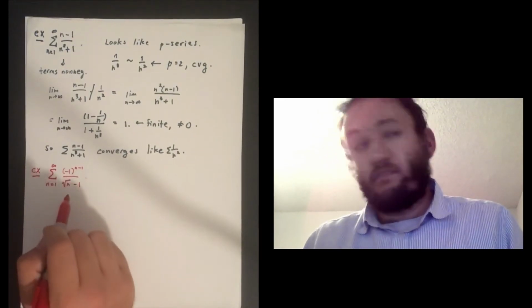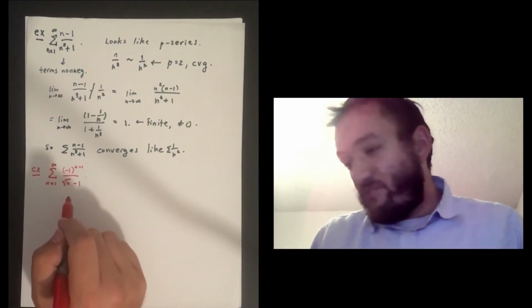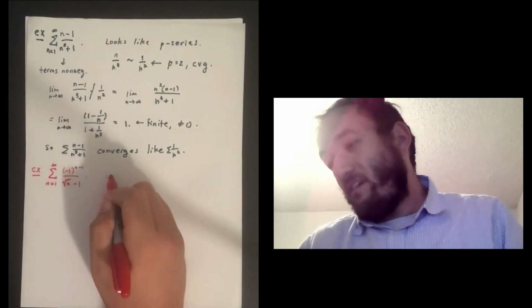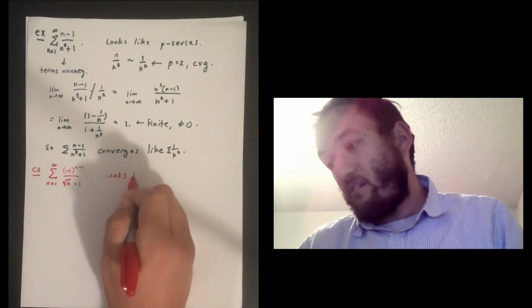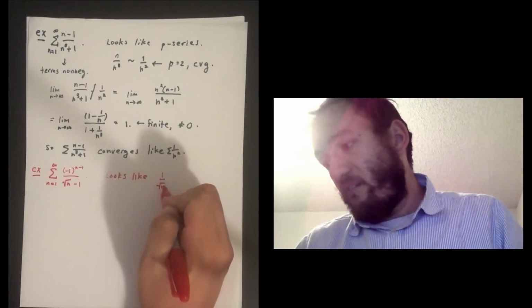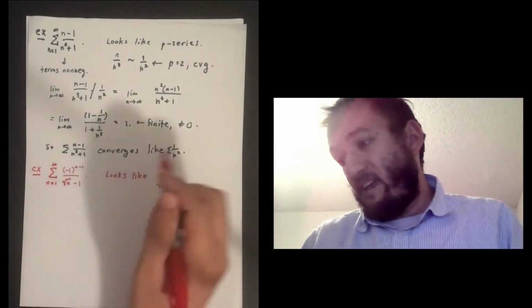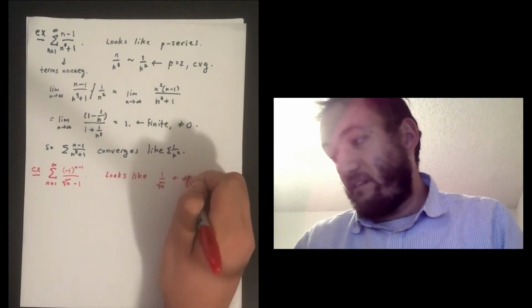The denominator is getting infinitely large. It's not a p-series or geometric series. It looks like 1 over the square root of n, right? We just have to ignore that minus 1. And that's a divergent p-series.